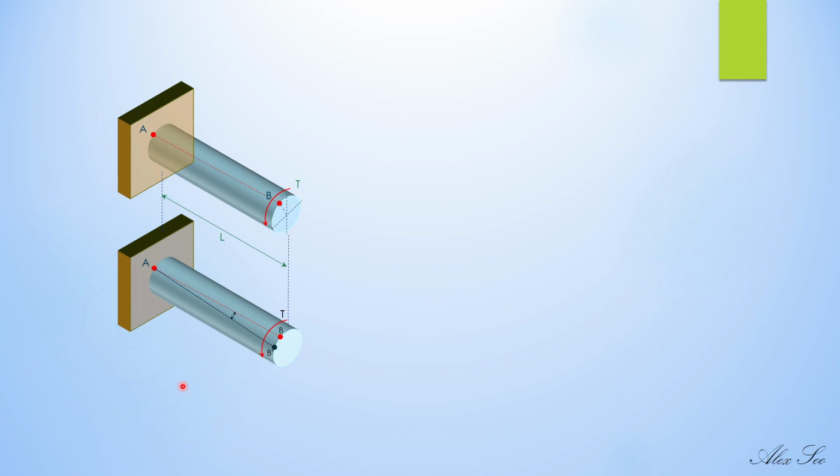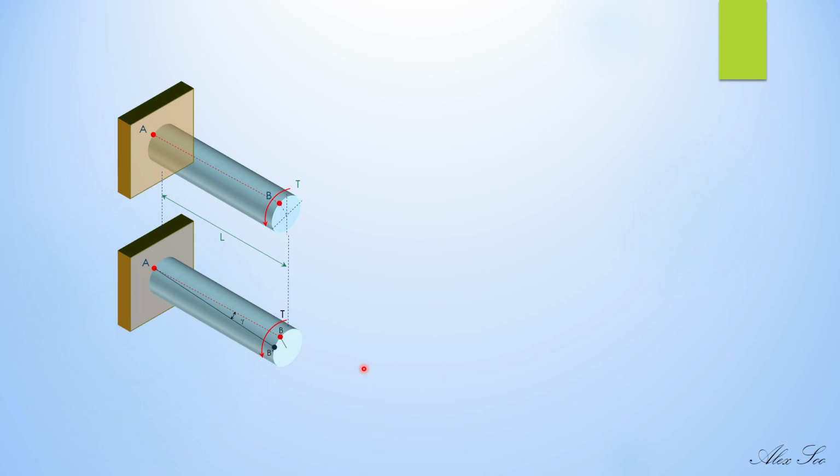This is an example of a shaft that is being twisted. This angle here we let equal gamma, the angle of twist, and this will be the length. Either AB or AB prime is the length of the shaft, denoted as L. When you apply torque, point B will be angularly displaced to B prime, the blue point.